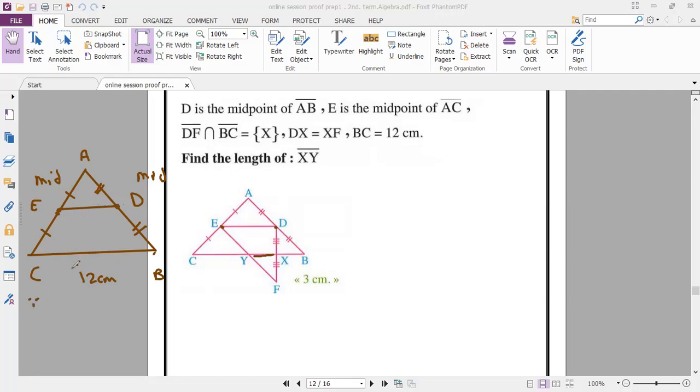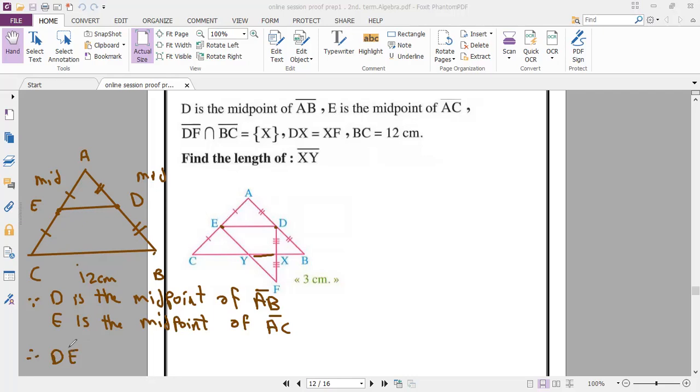Since D is the midpoint of AB, and E is the midpoint of AC, we have two reasons here. D is the midpoint and E is the midpoint.